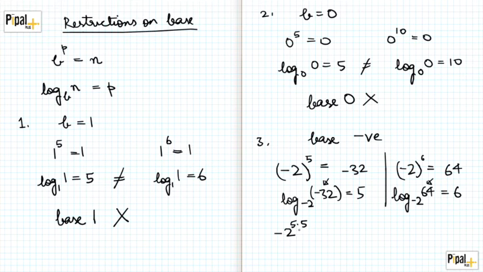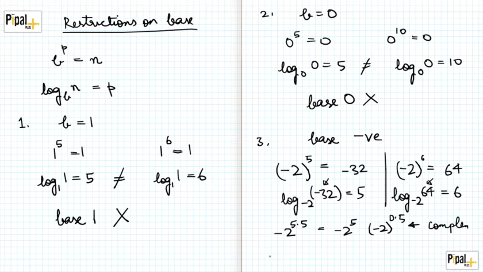Now this essentially means that I have minus 2 to the power 5, which I can compute, but we are left with minus 2 to the power 0.5, which becomes complex, right? So this is again a problem area for me. I cannot be taking logs of complex numbers.